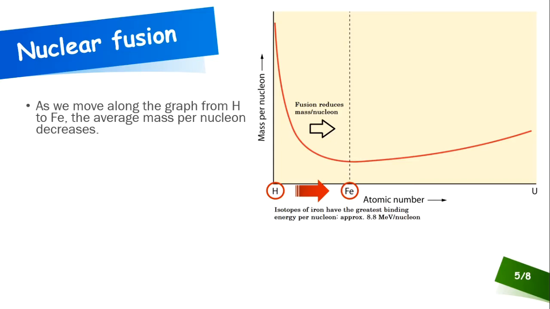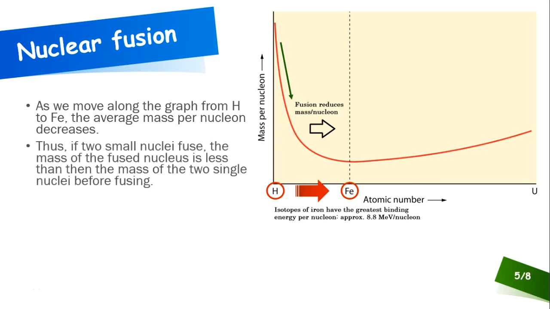So fusion, where we put smaller elements together to make bigger elements, is going to reduce the ratio of mass to nucleon. That's shown by the graph. When you go down the graph, notice we're getting lower. So the mass per nucleon is lower as we go from hydrogen to iron.